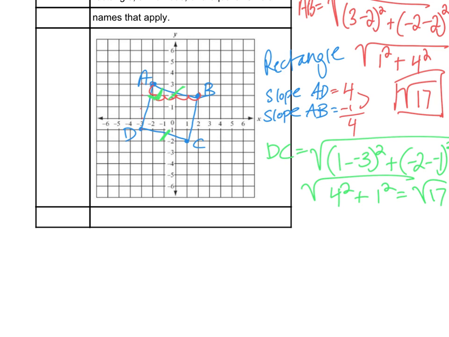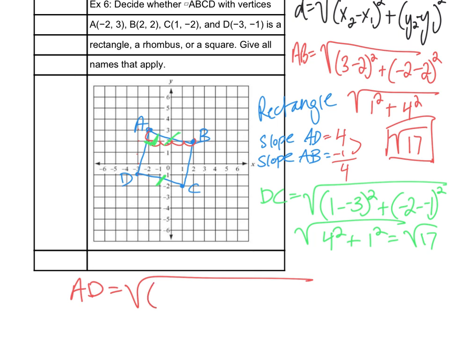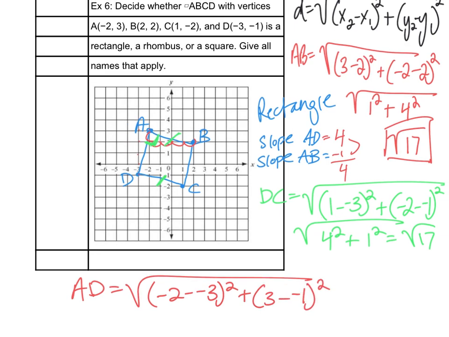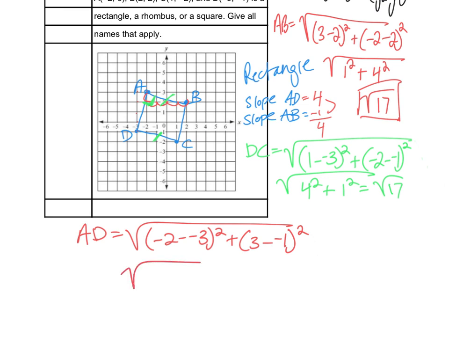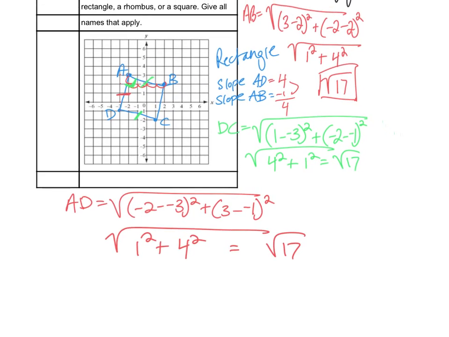So I'm going to find the distance between point A and point D. I'm just going to plug in those coordinates: negative 2 minus negative 3 squared plus 3 minus negative 1 squared. That would be 1 squared plus 4 squared, which is equal to the square root of 17. I've already shown that it is congruent to the other two sides, which means I'm really close to showing that this is a square.